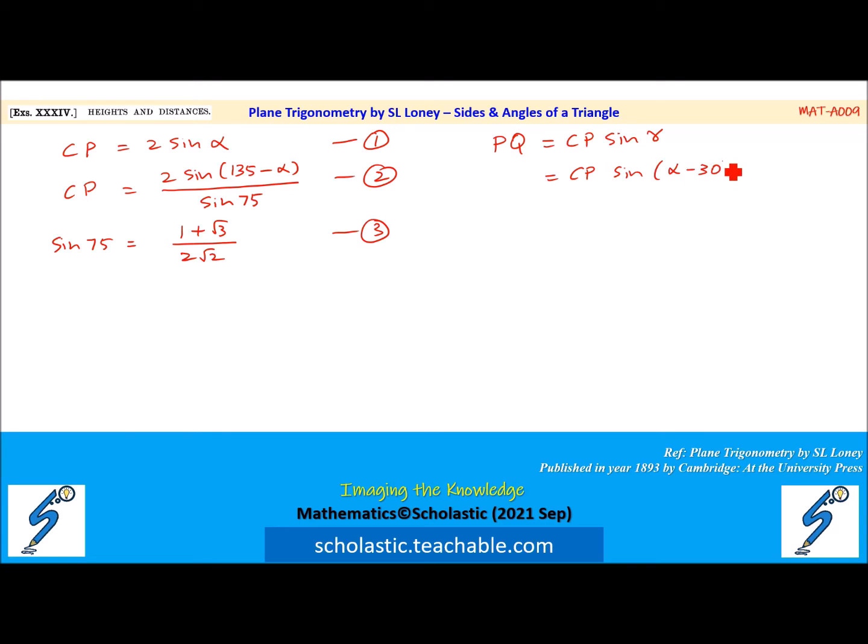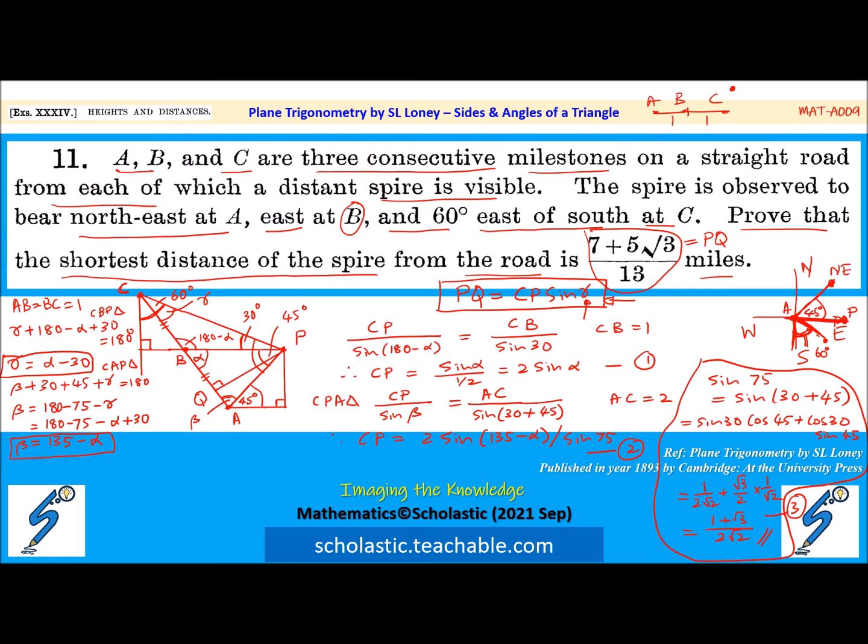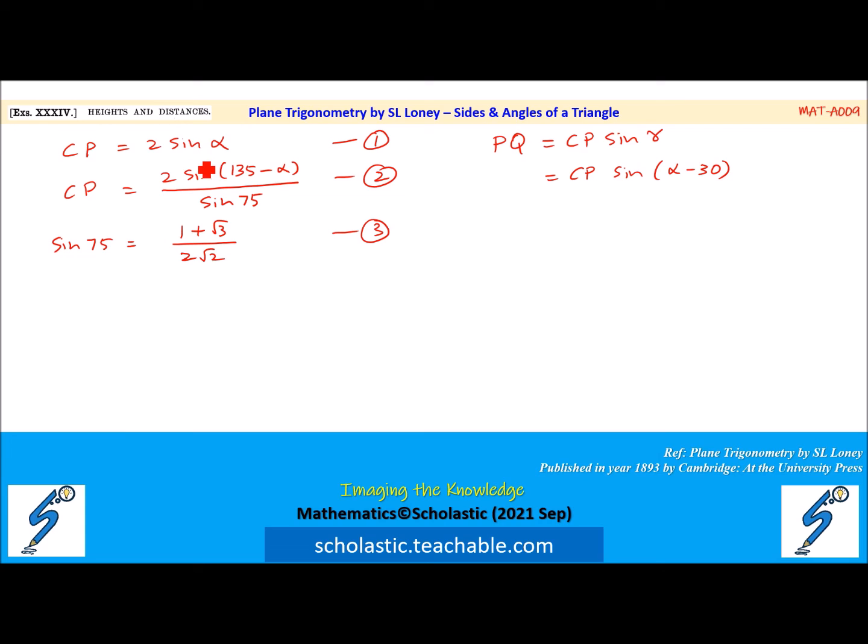That means if we find alpha from these three equations, we can substitute here, and then we need to find CP. CP is equal to 2 sine alpha, so we can substitute it. That means 2 sine alpha times sine of alpha minus 30 is what we need to find. So first we need to find alpha.